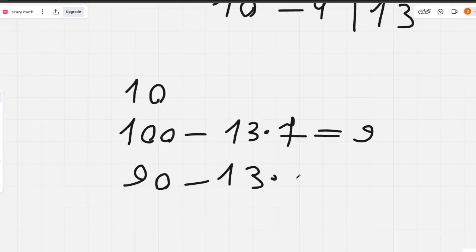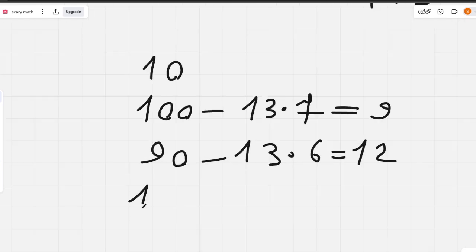90 minus 13 times what? Times 6. So 91 is what we need, 12. Okay, cool. 120 minus 13 times what? Times 9, it seems.